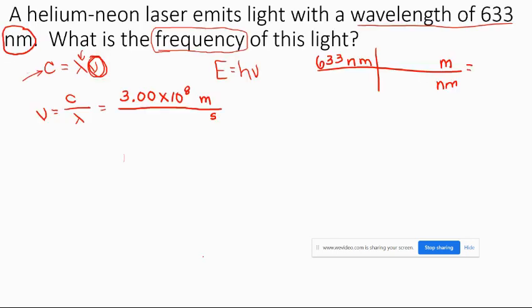So 1 times 10 to the 9 is going to go down here, and that's 1. So I'm going to multiply across the bottom, and then I'm going to divide those values. So 633 divided by 1 times 10 to the 9, I get 6.33 times 10 to the negative 7th, and that's going to be meters.